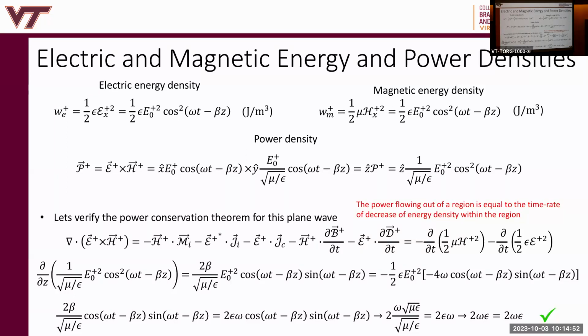Okay, so let's plug in what H and E are. Here's H, so the derivative of this, we end up with 2 beta E squared cosine times sine. Well, we differentiated cosine squared, right? Differentiate cosine squared, you end up with this expression here. We're only doing one of them because they're the same, right?